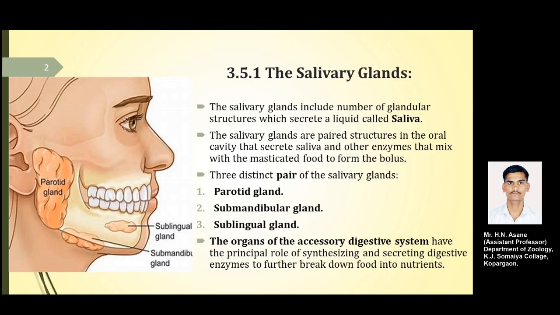All other histological study of the digestive system, esophagus, stomach, small intestine, and the large intestine, we have studied in previous sessions. There are three distinct pairs of salivary glands. The first, the largest salivary gland, is the parotid gland.